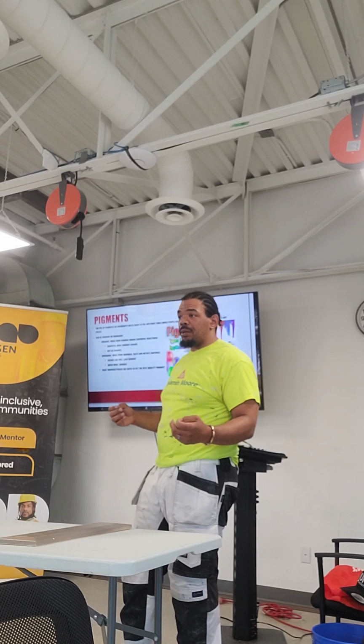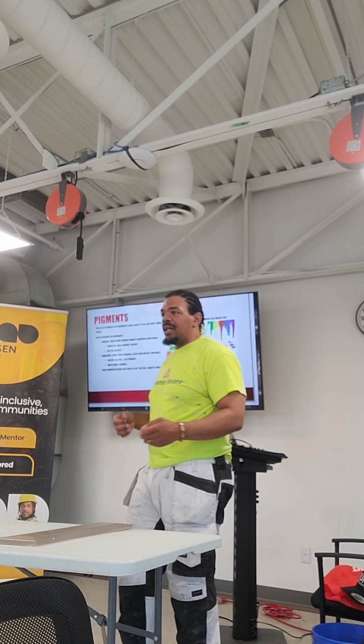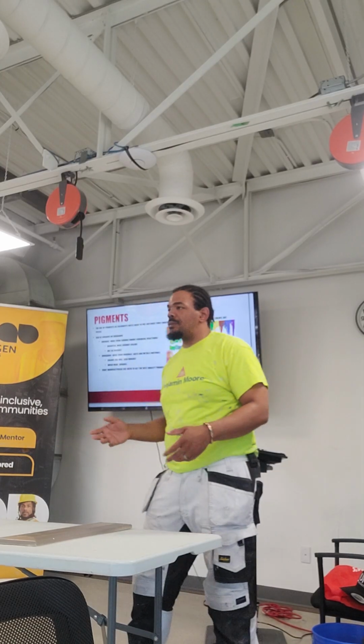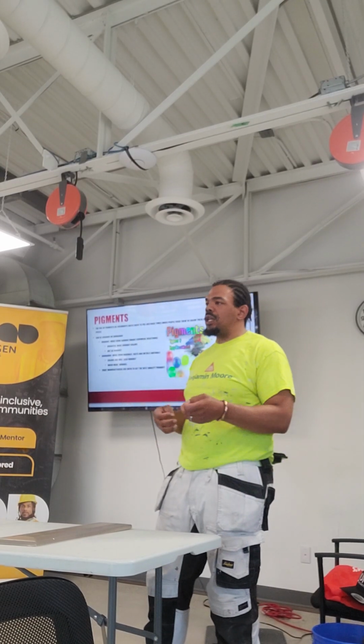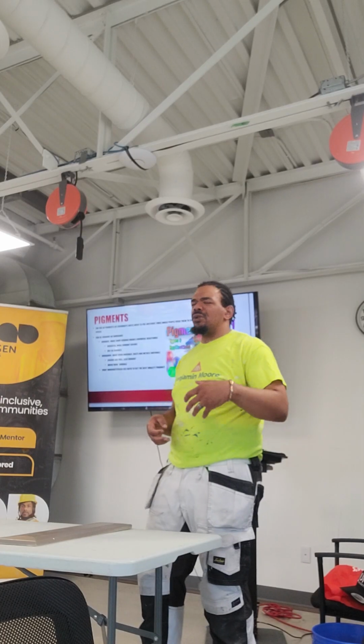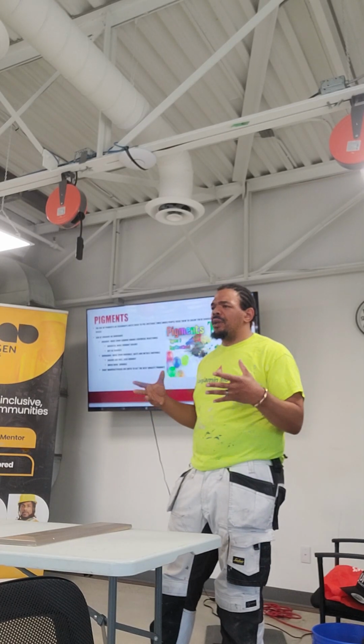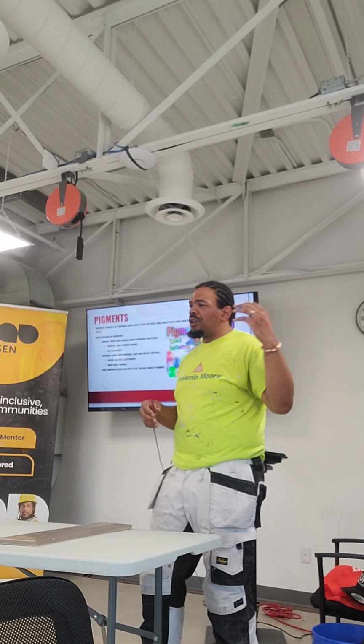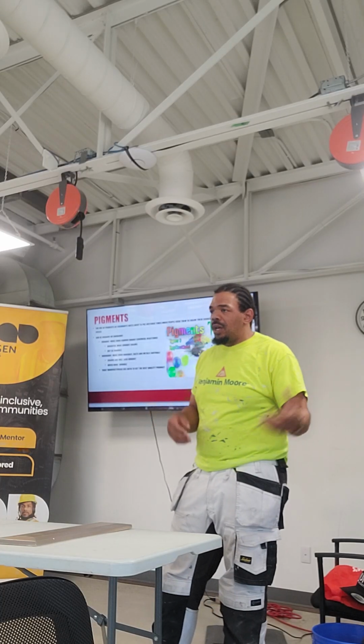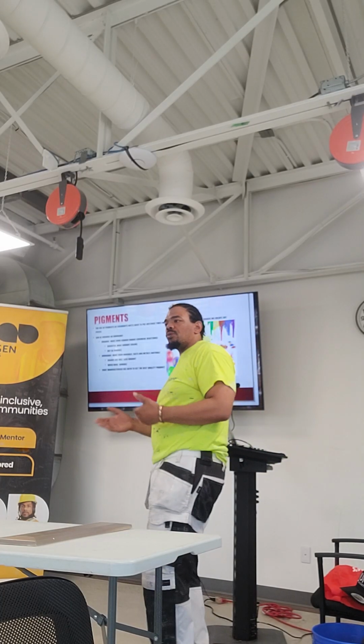An inorganic pigment is something that's created in the laboratory, using chemicals and chemical reactions. For example, certain really vibrant yellows don't occur naturally in nature. They create those through chemical reactions.